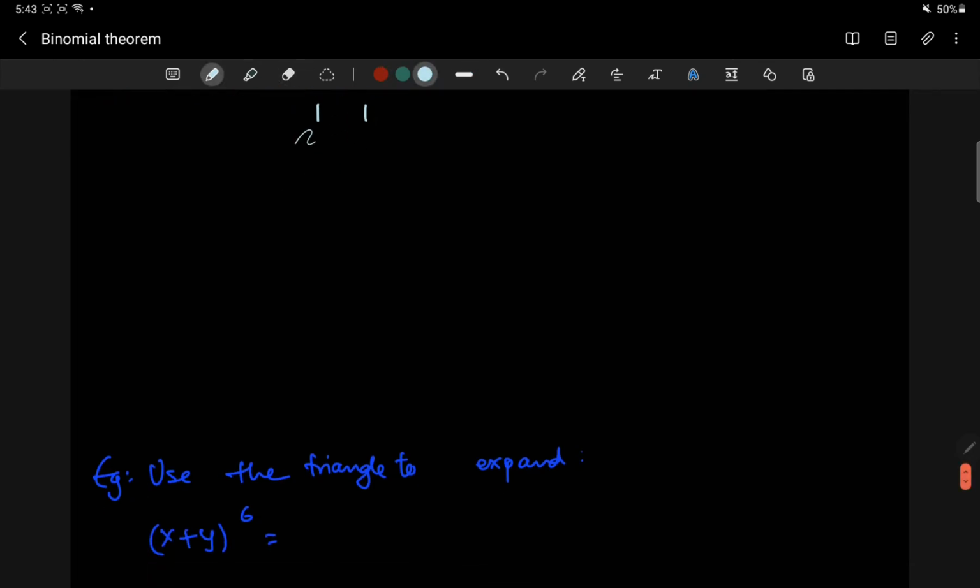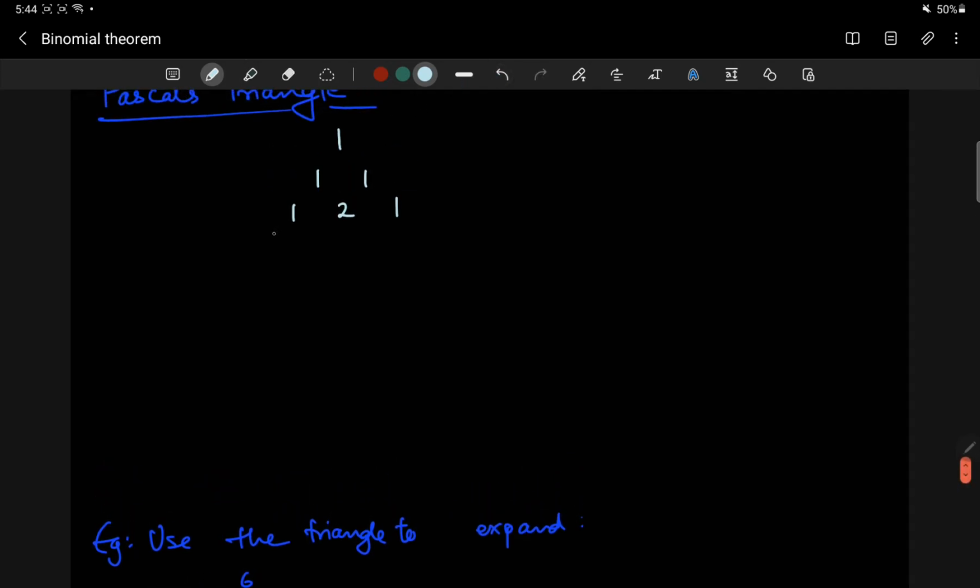Now, when I'm here, the only thing above me is 1. But over here, what's above me is 1 plus 1. So this is 2. And then a 1. And then I keep doing this. So I have 1, 1 plus 2, 3, 2 plus 1, 3, 1. Then 1, 1 plus 3, 4, 3 plus 3, 6, 3 plus 1, 4, then 1.